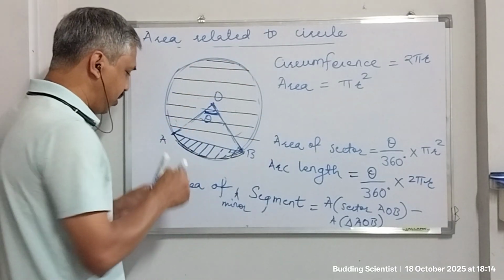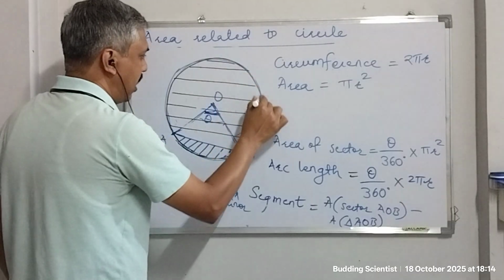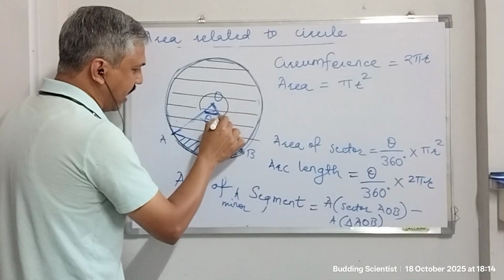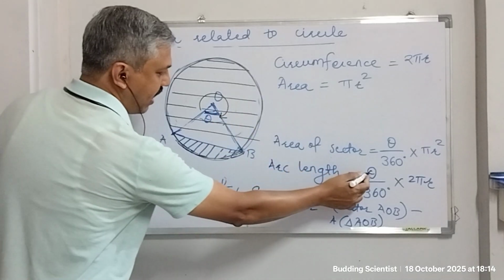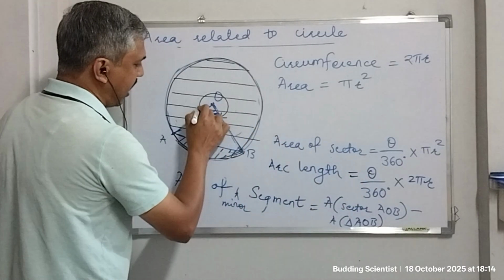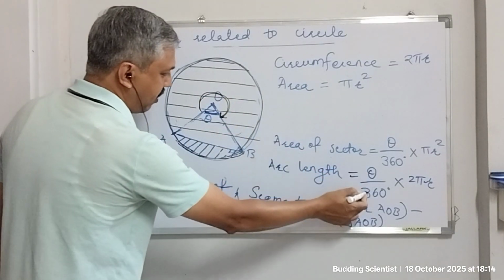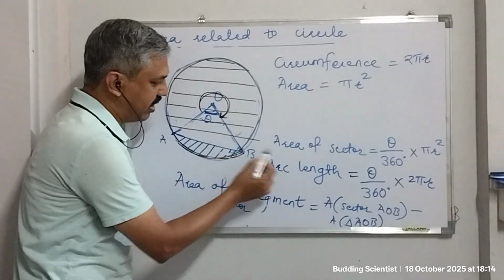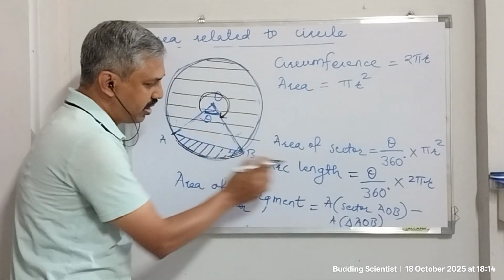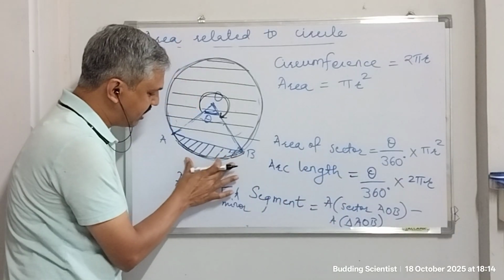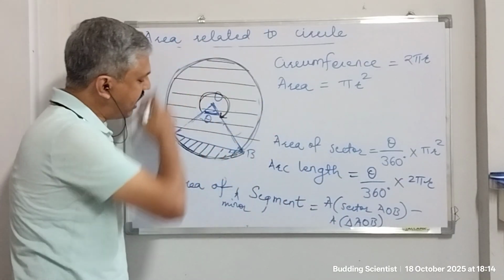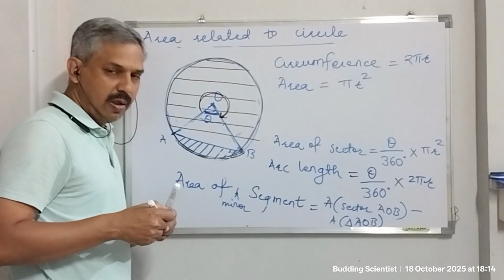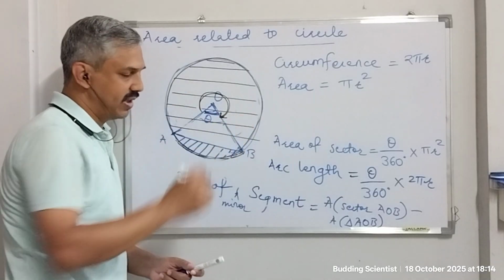The question is talking about this arc length, and it is equal to either the larger angle upon 360 into 2 pi r, or you find this arc length with the formula smaller angle upon 360 into 2 pi r, and from the entire circumference subtract this arc length, and you get the arc length associated with the major sector.